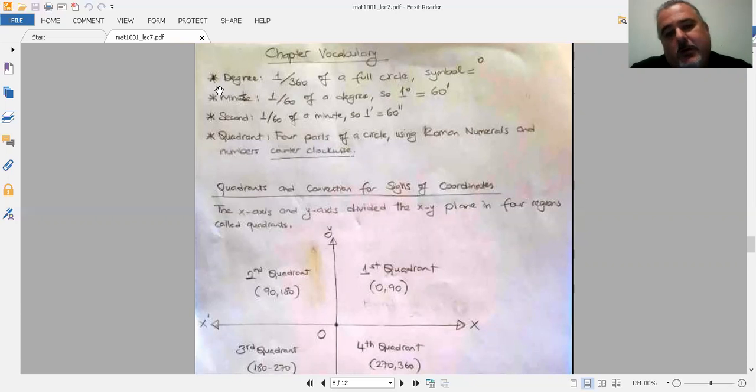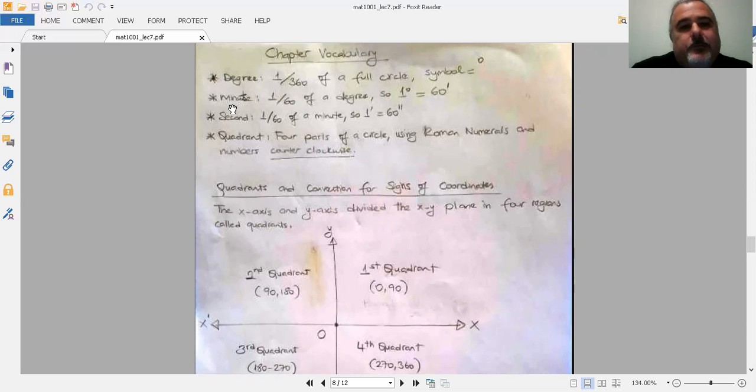So, as you know, the whole circle is 360 degrees. That's why it is 360. Each 1/360 is called 1 degree of a full circle.